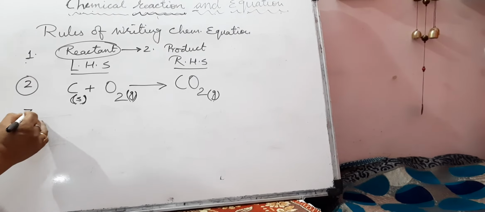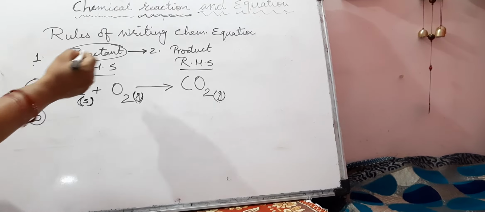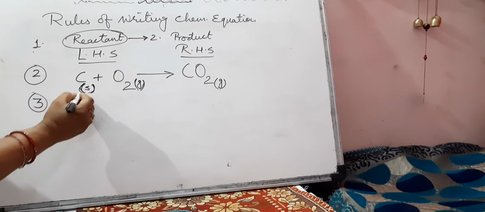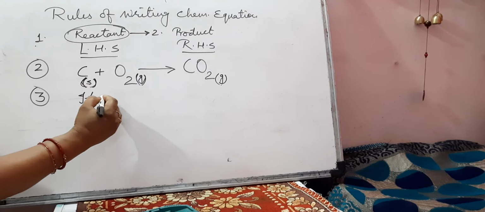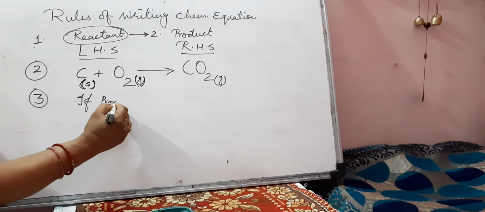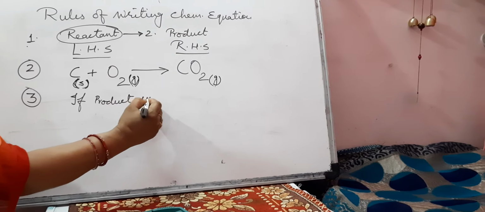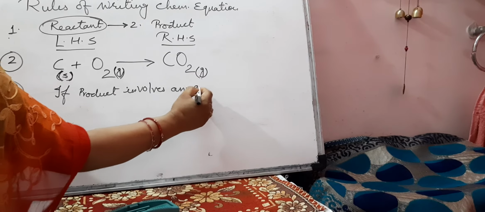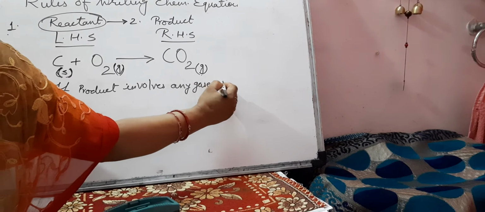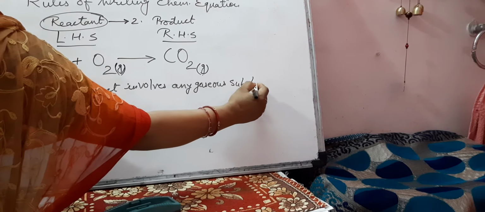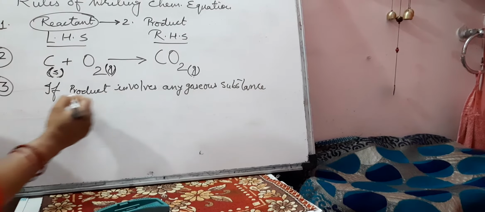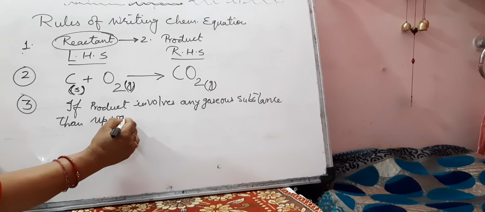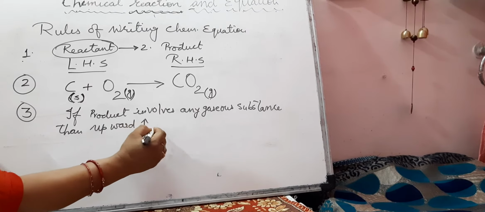I am coming to the third rule of writing chemical equation, and that is if product involves any gaseous substance, then upward arrow is used.